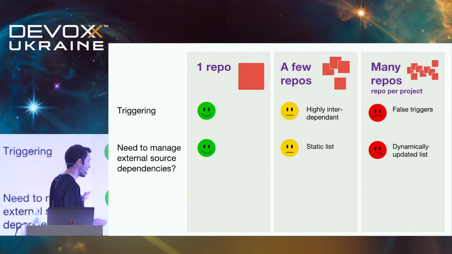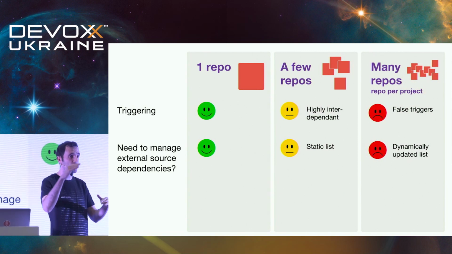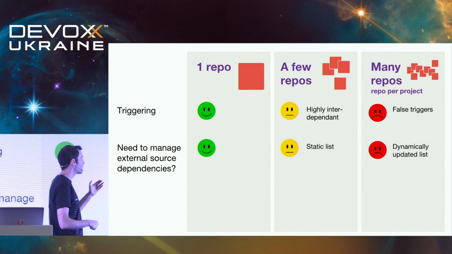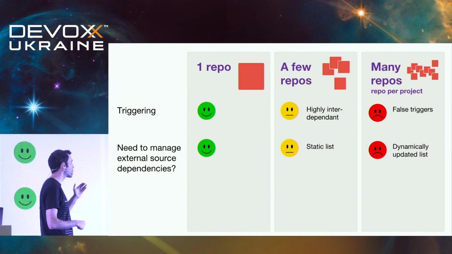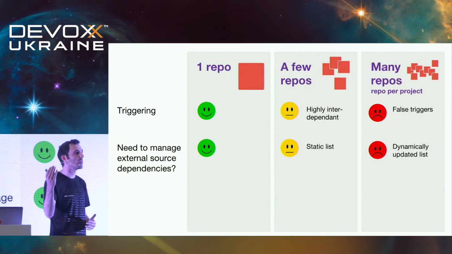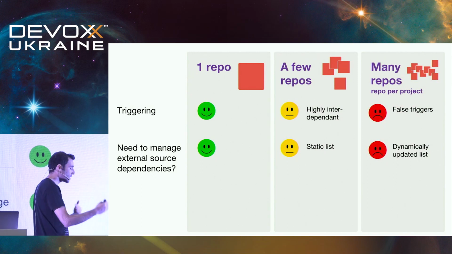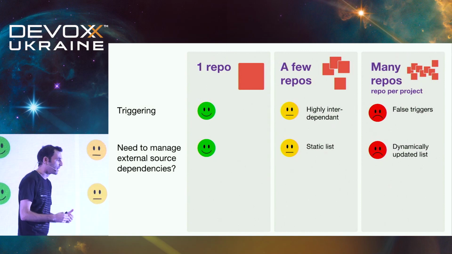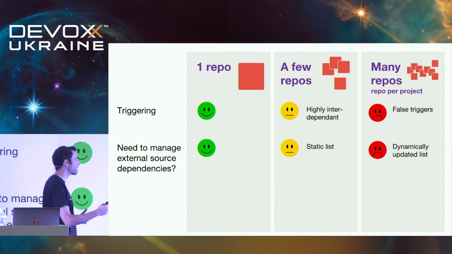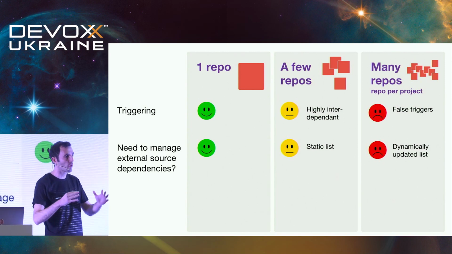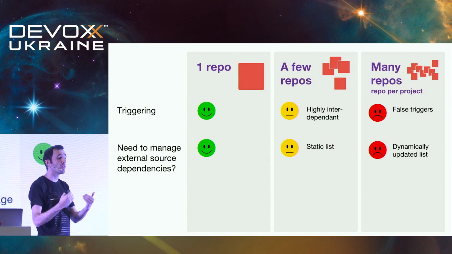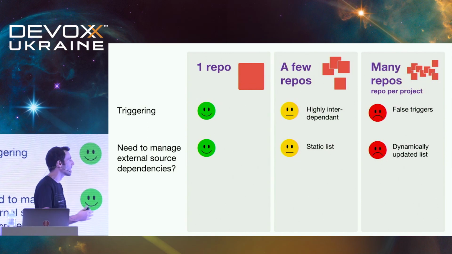Now, about the need to manage the source dependency that I showed you between different repositories. If you look at a situation with many repositories, where every few days a new repository pops up, you'll need to keep this list updated, so you'll need tooling for that. And you may suffer performance if you need to clone many repositories at the same time before the build actually starts to compile and test.